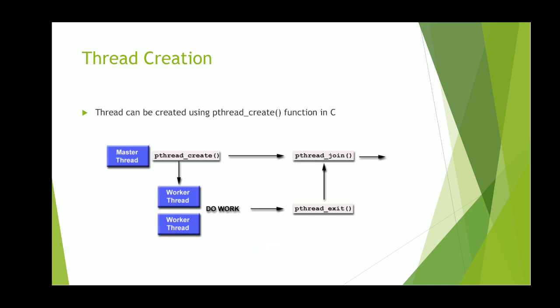At the same time, the master thread also does its work and then waits for the worker thread to be closed. When the worker thread runs the pthread_exit function, it will close, both threads will be combined together, and continue the execution.